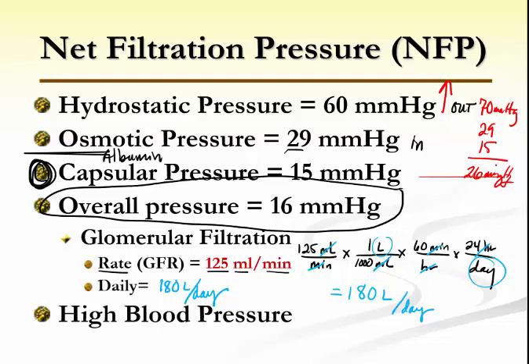And that's going to be translated into a much higher glomerular filtration rate, which can lead to things like edema of the tissues of the kidney and glomerular nephritis and other types of kidney conditions. So we need to be able to control this hydrostatic pressure.